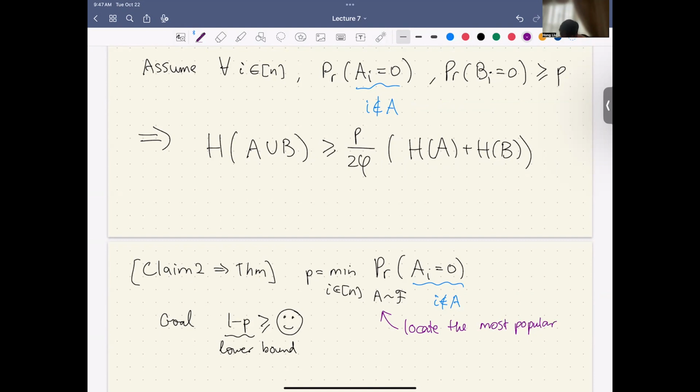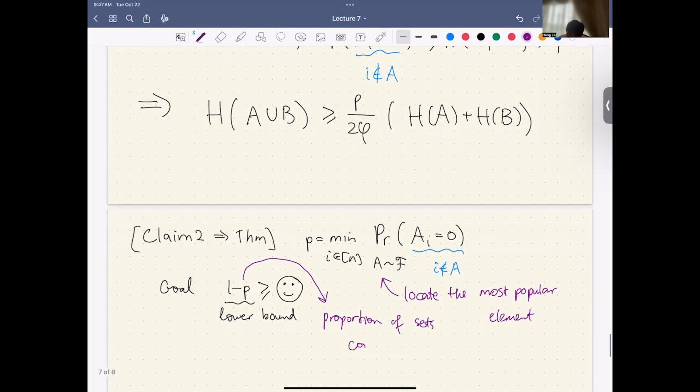In particular, 1 minus p is the proportion of sets in F containing the most popular element.